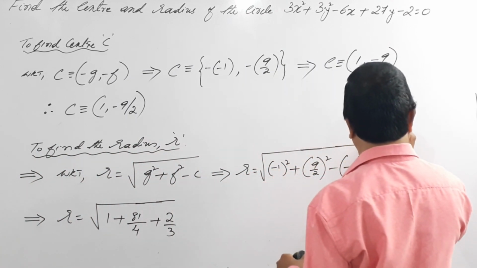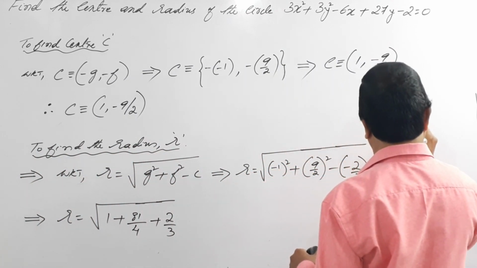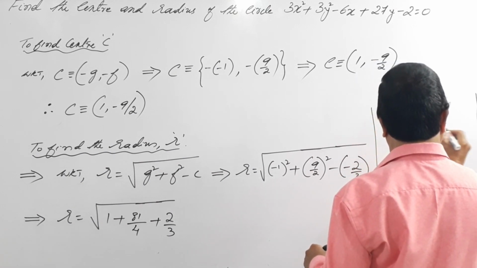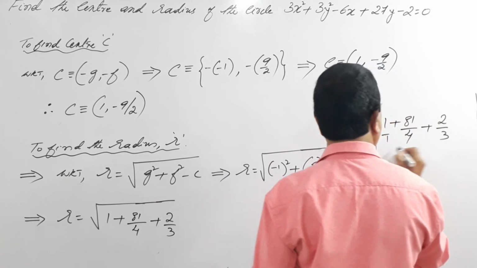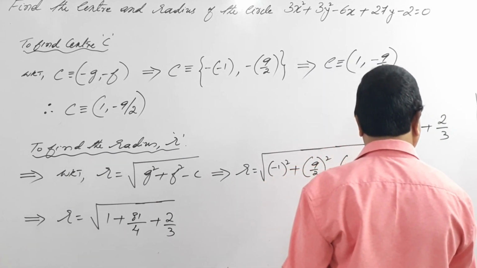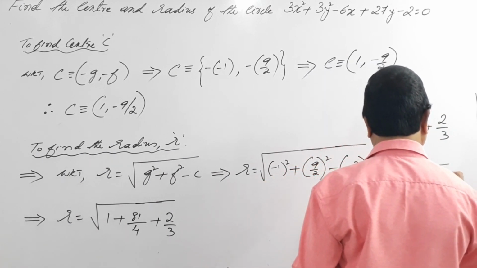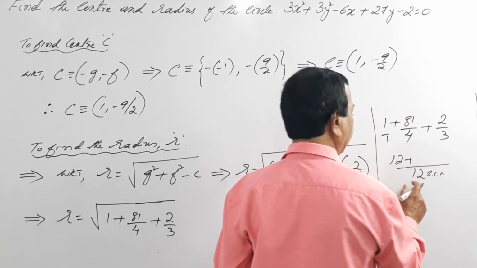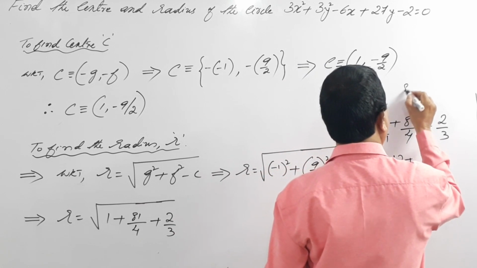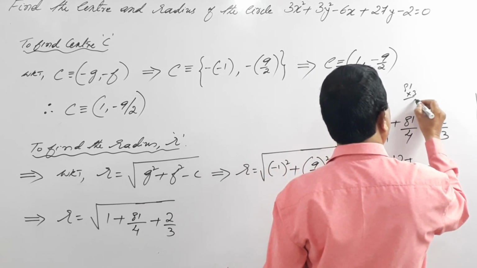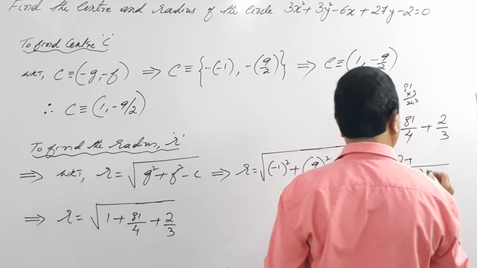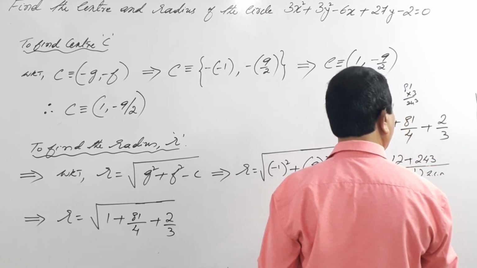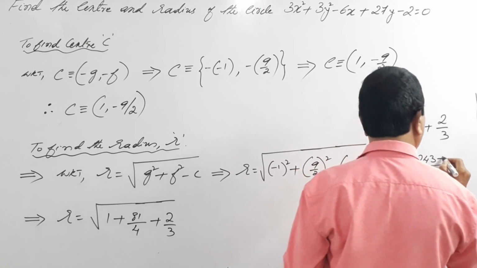That is 1 plus 81/4 plus 2/3. 12 is the LCM. 1 goes at 12, 12 into 1 is 12. 4 goes 3 times, 3 into 81: 3 ones are 3, 3 eights are 24, 243. 3 goes 4 times, 4 into 2 is plus 8.